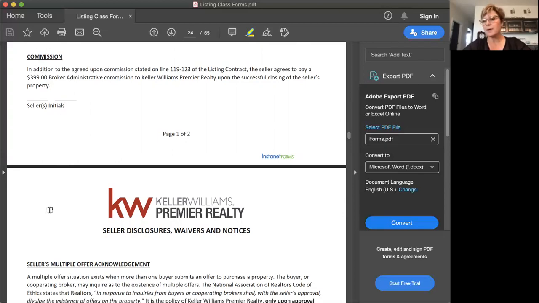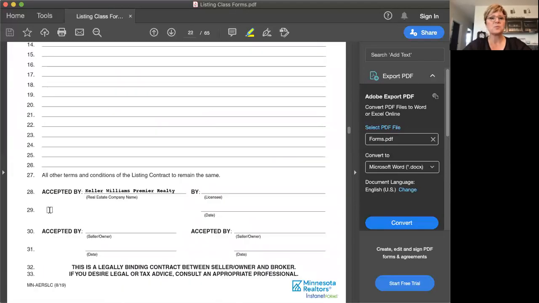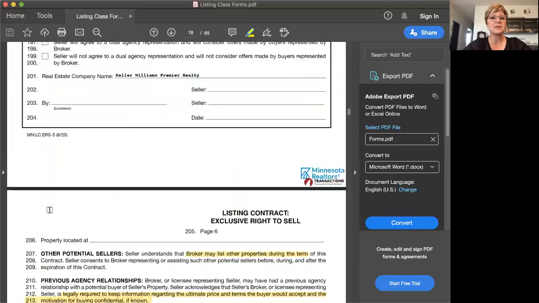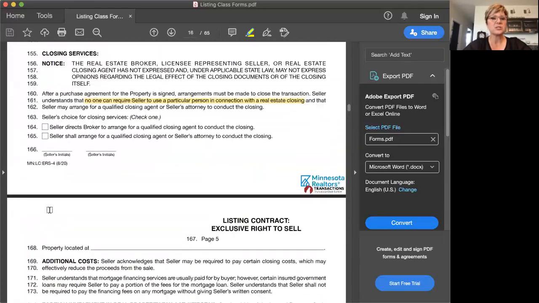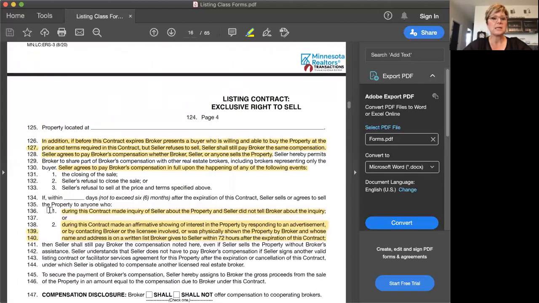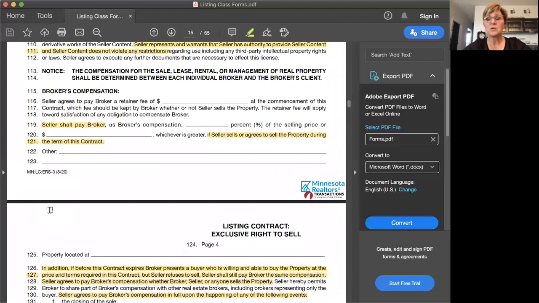So one thing I want to point out to you guys, and I probably should go back, I'm going to scoot back a few pages. I usually put this in my listing contract where we start talking about the compensation. Let me find that for you. So, where are we? Right here. When I do my contract, I fill in my percentage that I charge. And under other, I usually write in the $3.99 broker administrative commission.